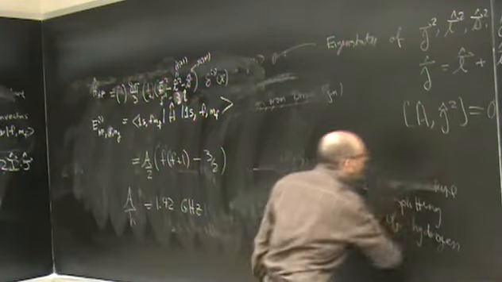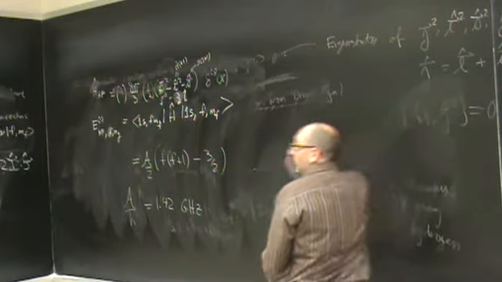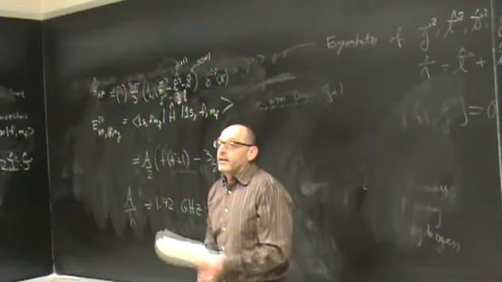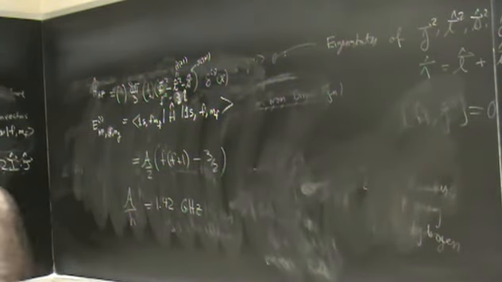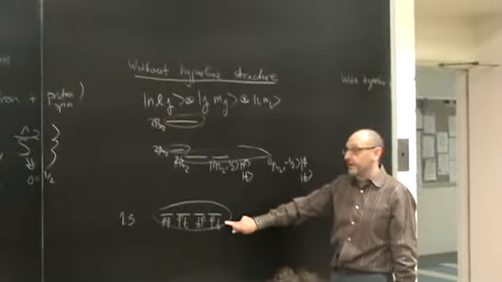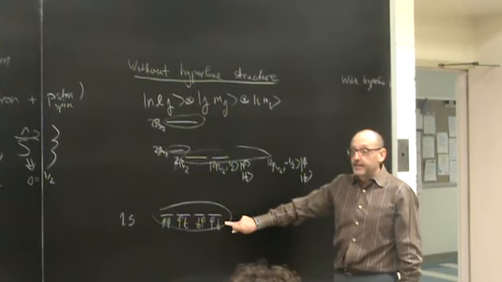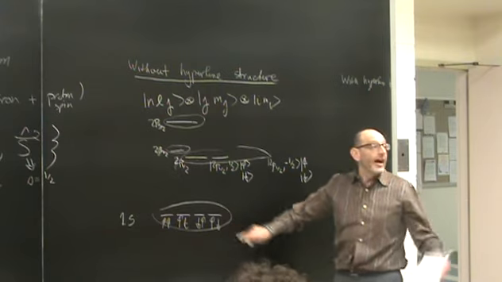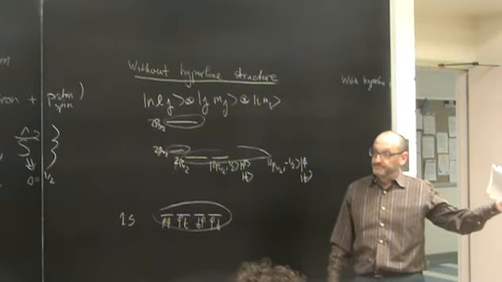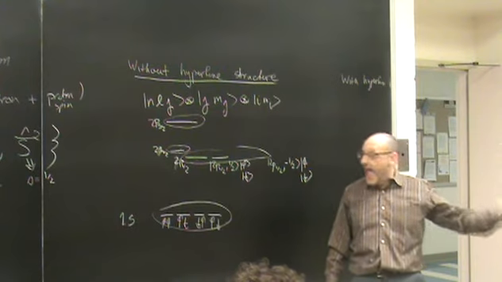So, what does the ground state do? Let's go back to this board. We had this fourfold degenerate subspace in the absence of hyperfine structure. Does it split it? It splits it depending on the value of F. What are the possible values of F?